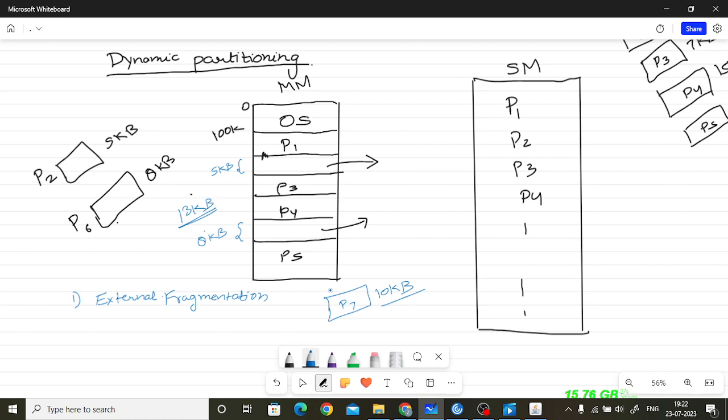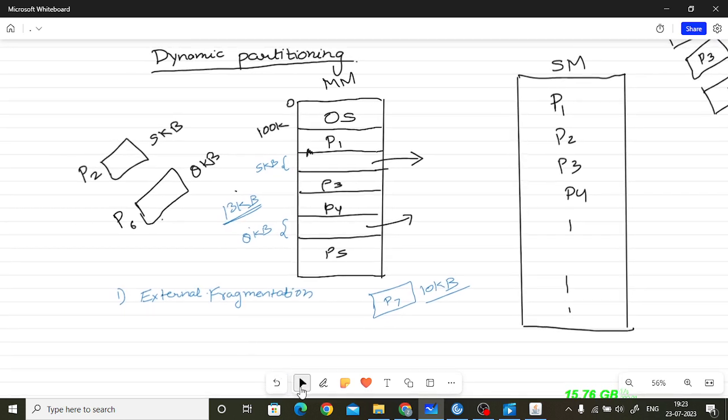If we want to accommodate the process P7 into our main memory while using dynamic partitioning, we can accommodate it in a non-contiguous manner. Non-contiguous manner means we have to divide our process.